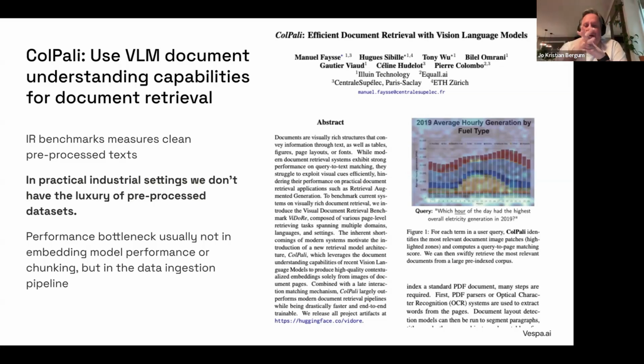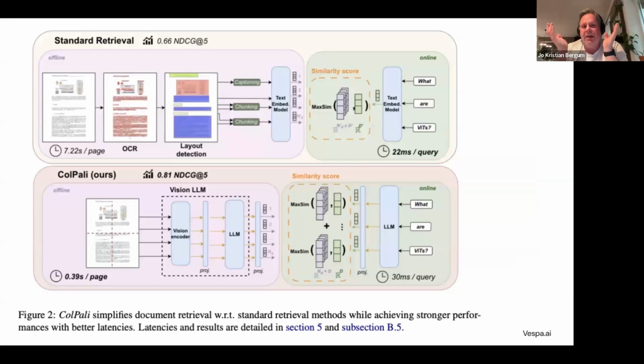But with ColPali, you essentially bypass all of this because you're not going through a text extraction routine. They illustrate this in the paper on the top here. You have a PDF, you have to do text extraction, and in order to identify if there are embeddable images, things that you can't extract text from, you have to do OCR.